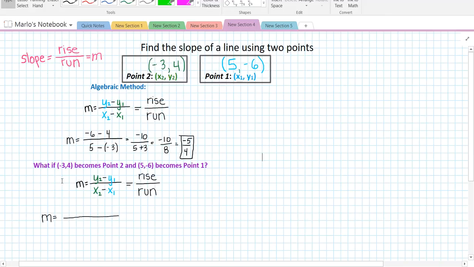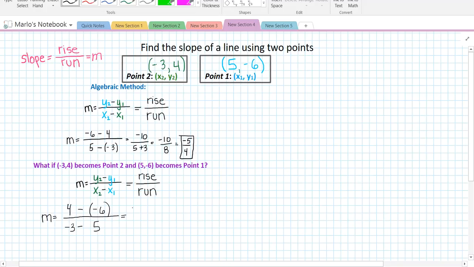So plugging in our numbers, we have first y2, which is now 4, minus y1, which is -6. And on the bottom, x2 is -3, and x1 is 5.